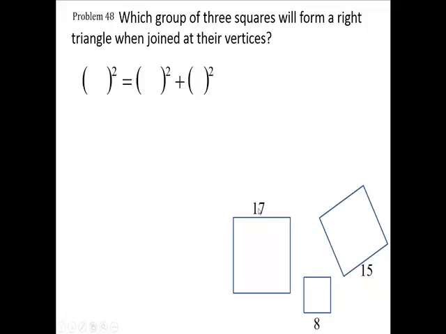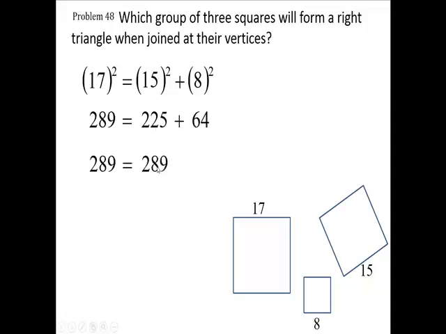If you take 17 and you take 15 and you take 8, are these equal? 17 times 17, 15 times 15, 8 times 8. When you add these, you get the same number, don't you?